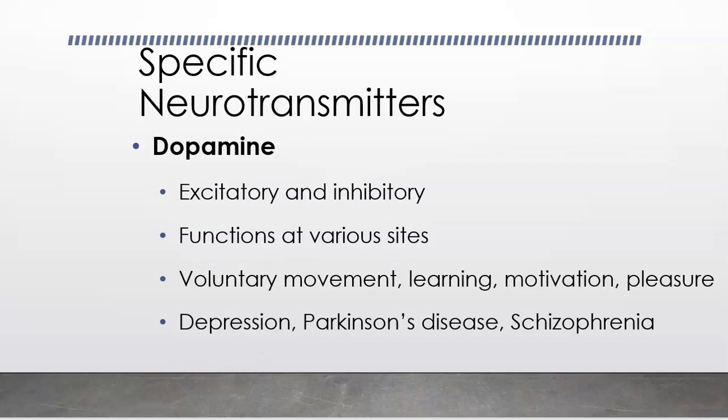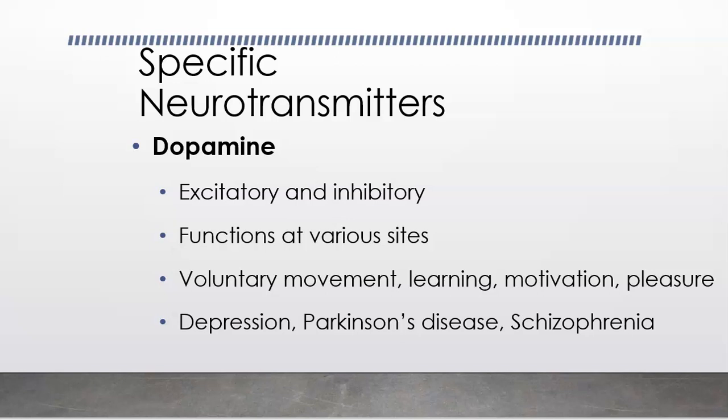Next we have dopamine, again another neurotransmitter you might have heard of, as a happy drug. It is involved in pleasure. So when you're enjoying something, you get a release of dopamine.